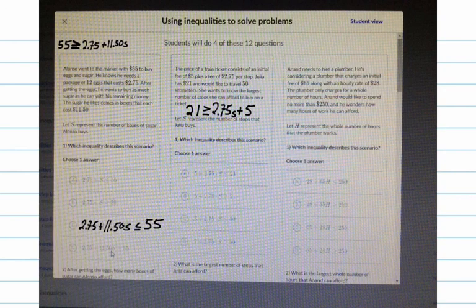Yeah, looking closer, A is 5 plus 2.75, so it is part A. So whatever we spend, we want to be less than or equal to what we have in our pocket.